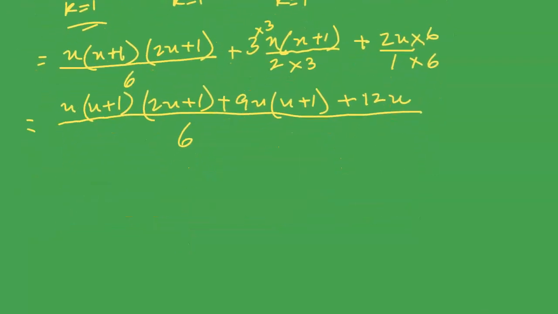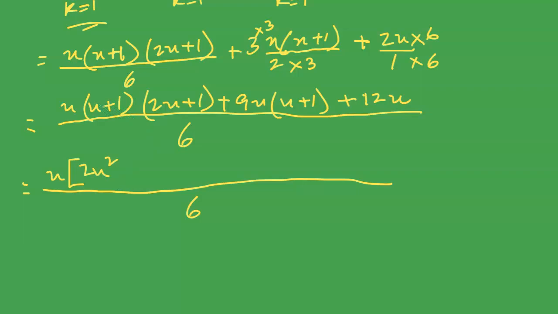So, let us take n common. This is the common denominator 6, and from these two terms I am having 2n squared, then n times 1 is n, and 1 times 2n is 2n. 2n plus n is 3n.